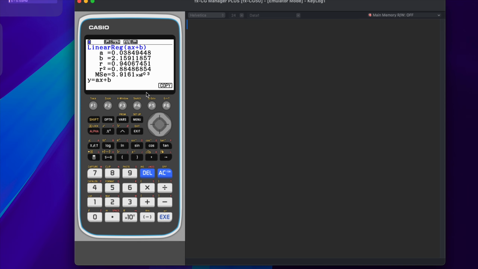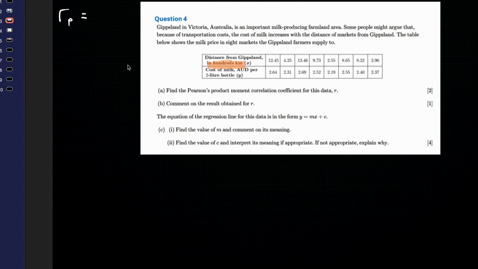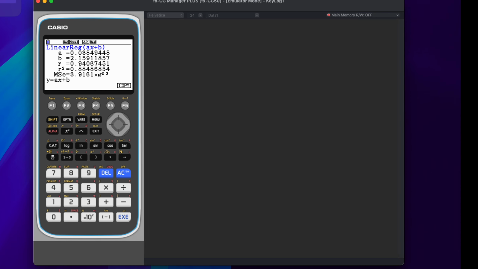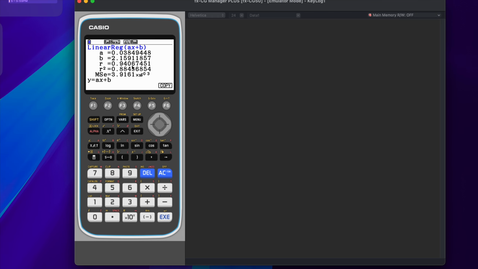and you're going to get an r value of 0.940. Now with that value, let's write that down, 0.9406.